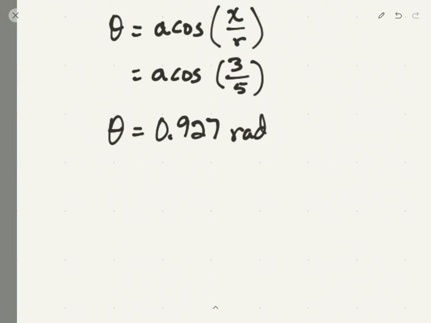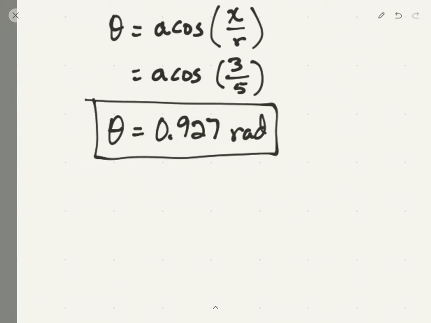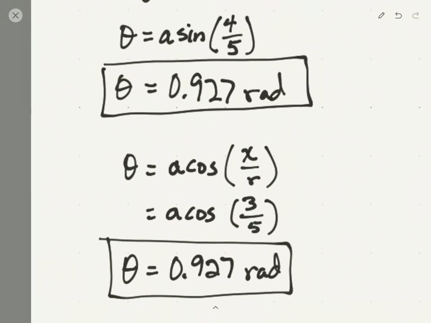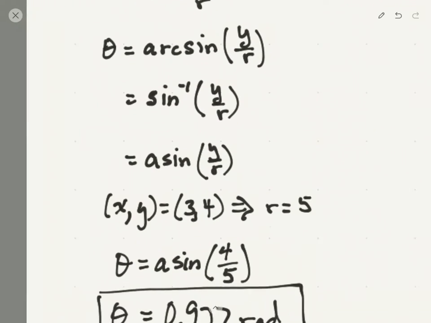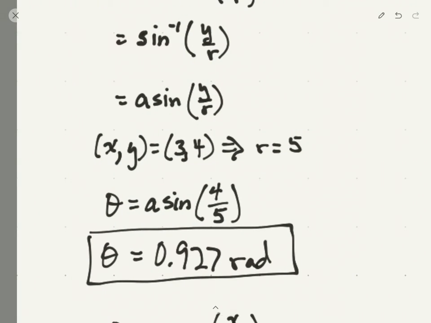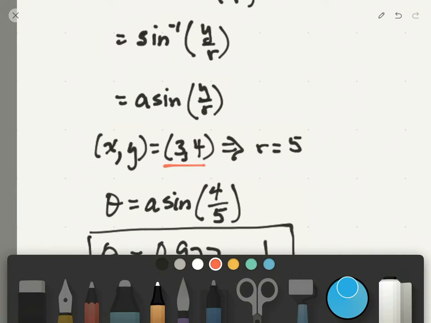Okay, and we have one last way that we could do this, and that is theta is equal to the arc tan of y over x. So this is by far the easiest to deal with, because you have a coordinate pair 3, 4.